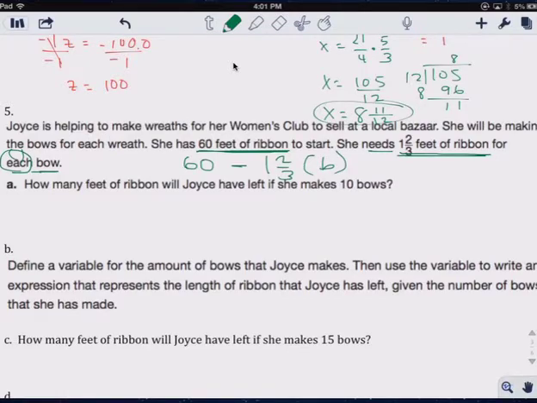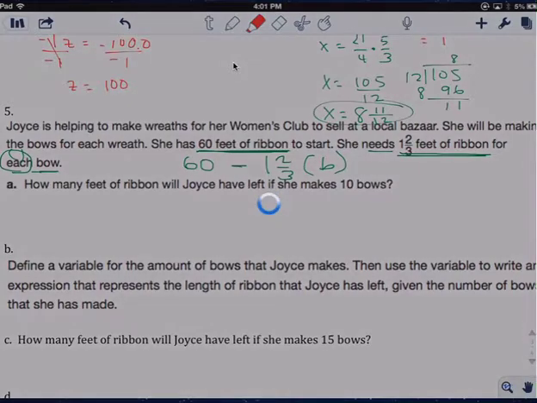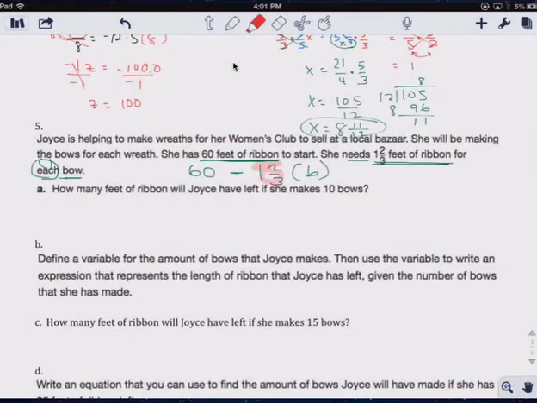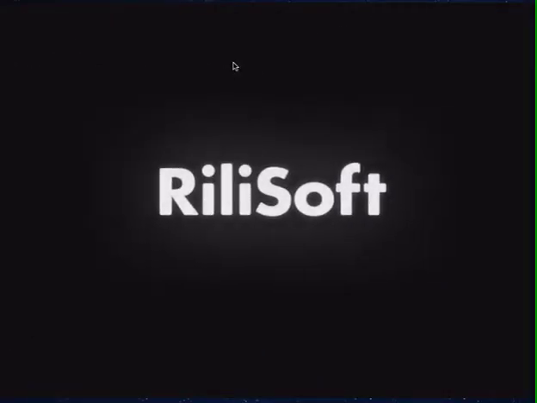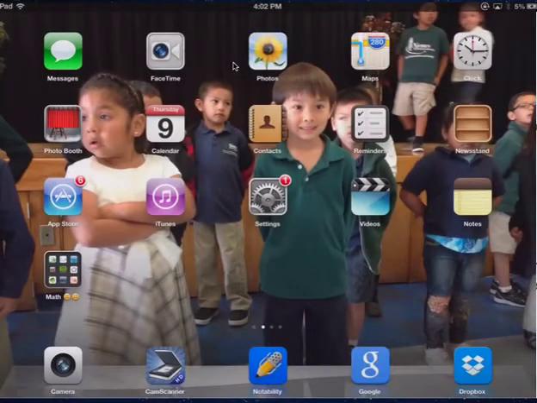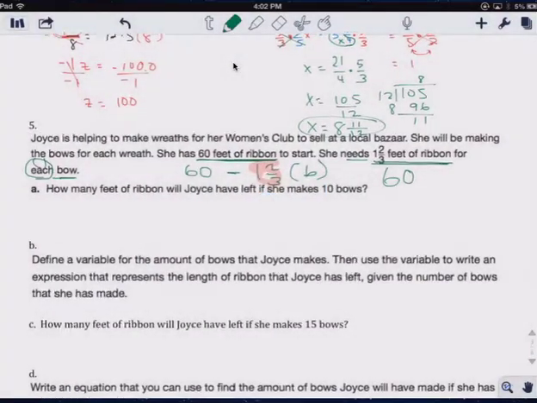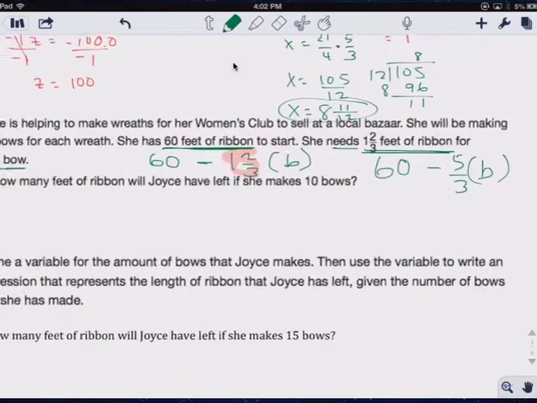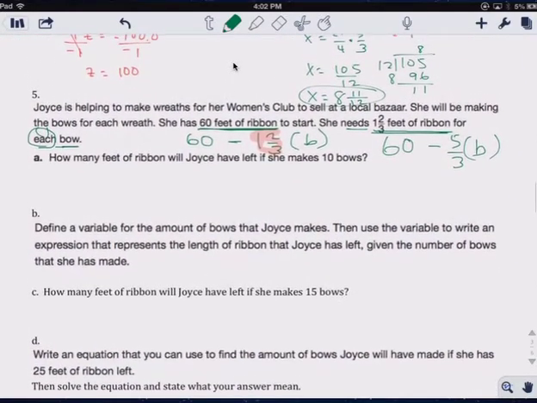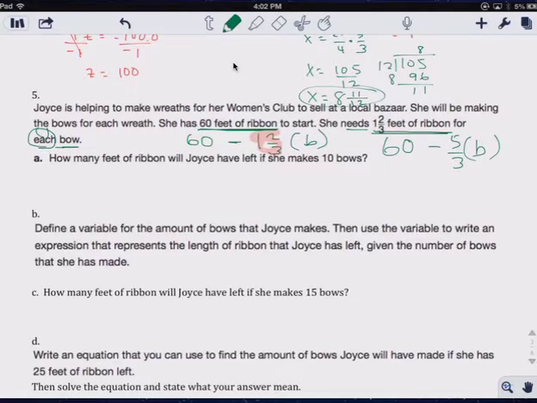Each bow requires this much, so let's make that improper. That would be 60 minus 5/3 b, for bows.